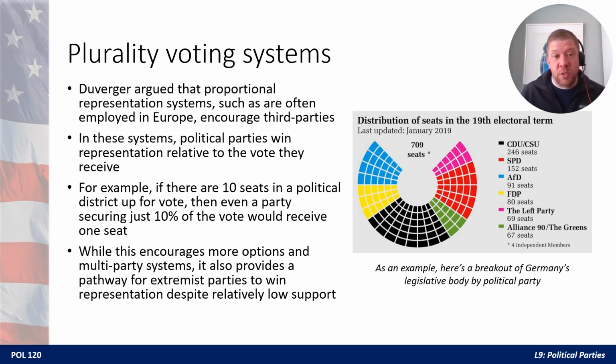In these systems, political parties win representation relative to the vote they received. So if there are 10 seats in a political district up for vote for parliament, a party that secures just 10% of the vote would still receive one of those 10 seats. That's the basic idea behind the system. This has some good parts and some not so good parts.